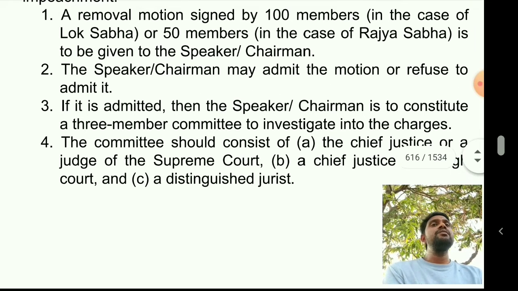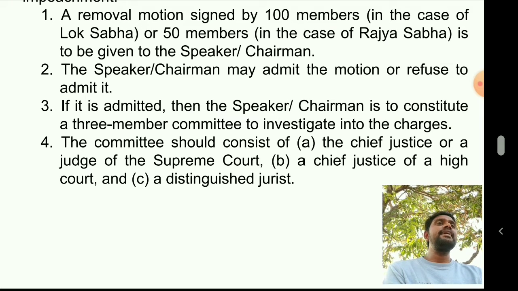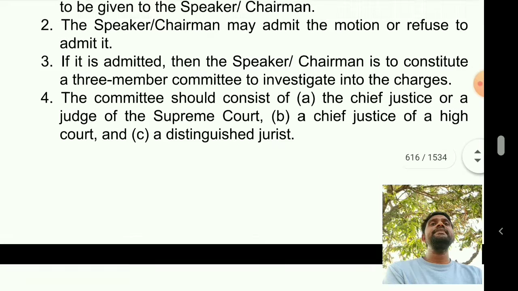First is, a removal motion signed by 100 members in the case of Lok Sabha or 50 members in the case of Rajya Sabha is to be given to the Speaker or Chairman. Second, the Speaker or Chairman may admit the motion or refuse to admit it.